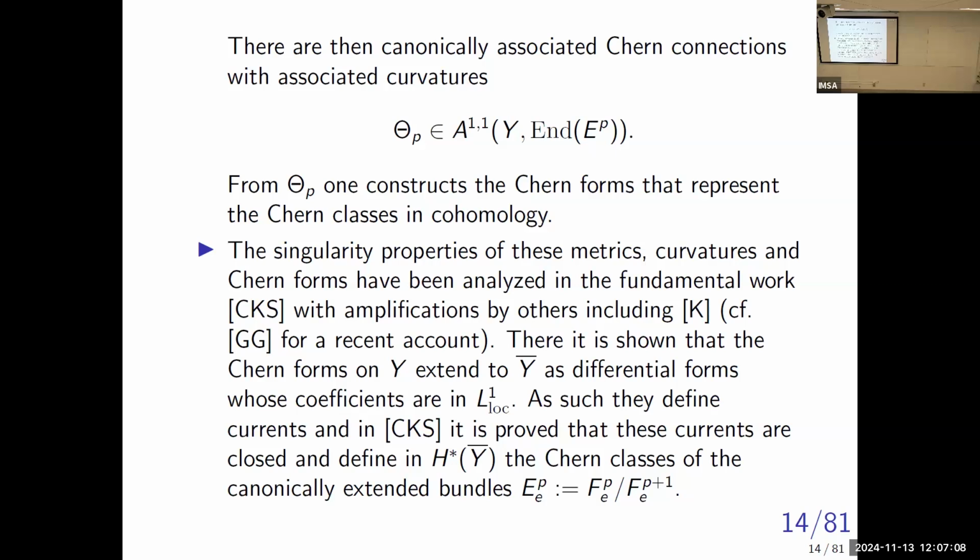So to summarize these singularity properties of the metrics and curvatures and their Chern forms. The elementary symmetric functions of the curvature matrix are differential forms. Those represent the Chern classes in the de Rham cohomology. And those have been analyzed.